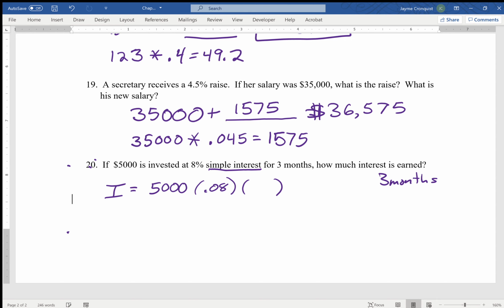Remember, we go annually. So 3 months is equal to 1/4 of a year. 3 times 4 is 12. So that means I use 1/4, which is 0.25. 5,000 times 0.08 times 0.25. I get $100. That is my interest.